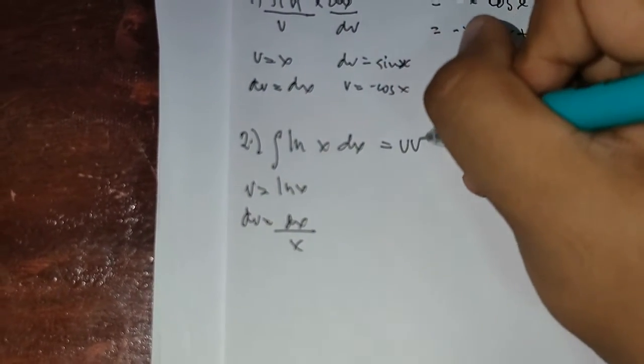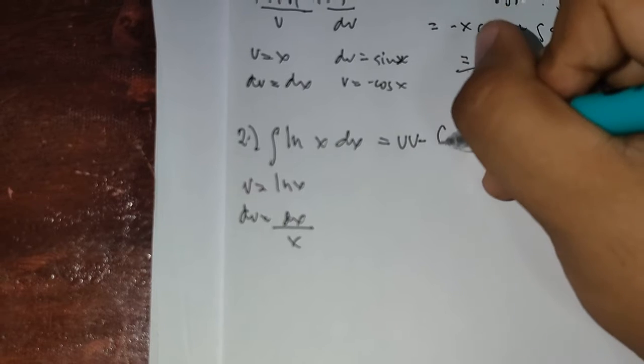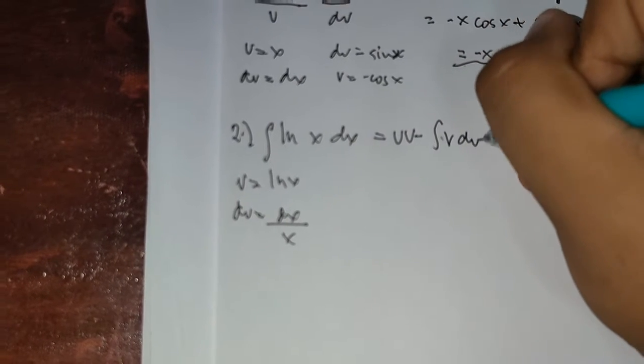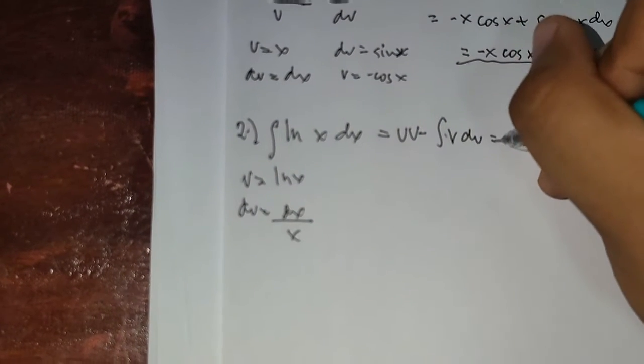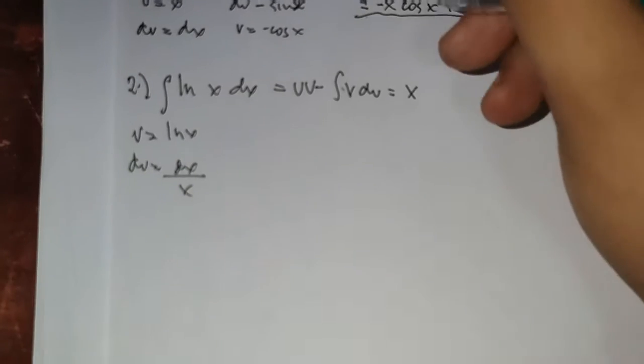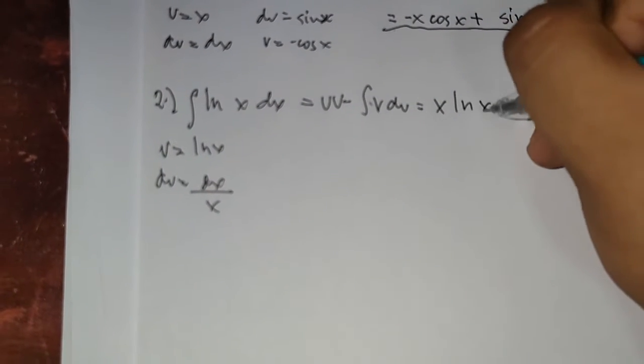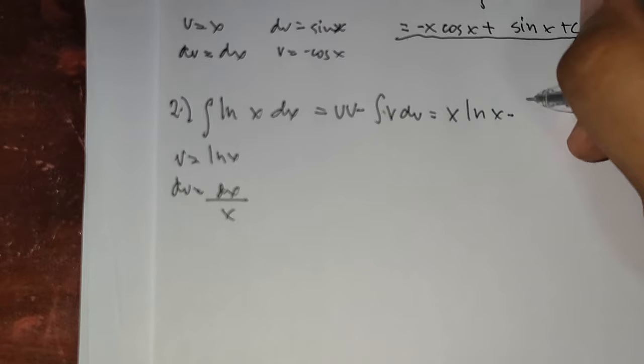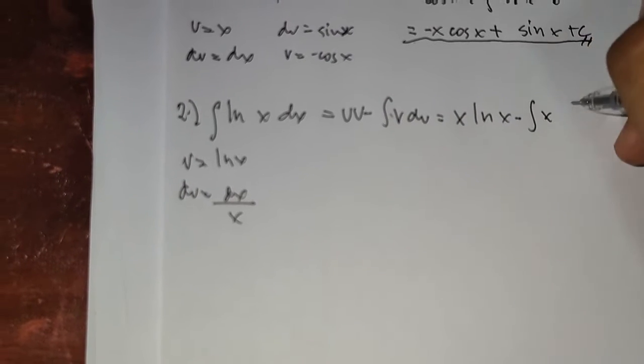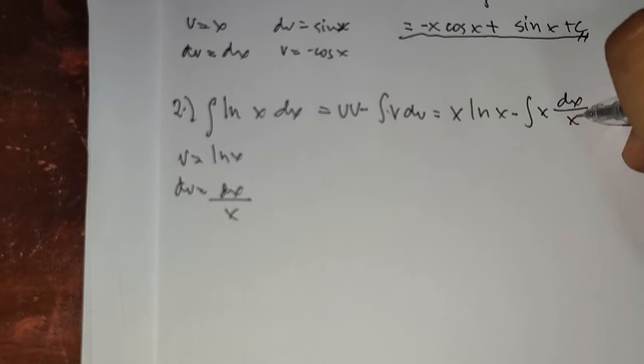It equals uv minus integral of v du, which is x ln x minus integral of x dx over x.